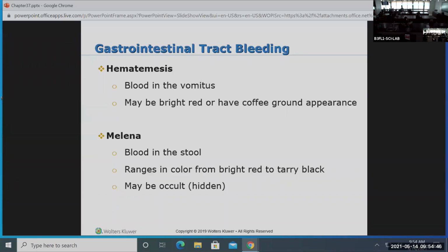Now the melena, please highlight and remember. Melena, first of all, is the blood in my stool. And this melena ranges from bright red to tarry black color. Sometimes we don't see any blood, but in this stool we do have blood.